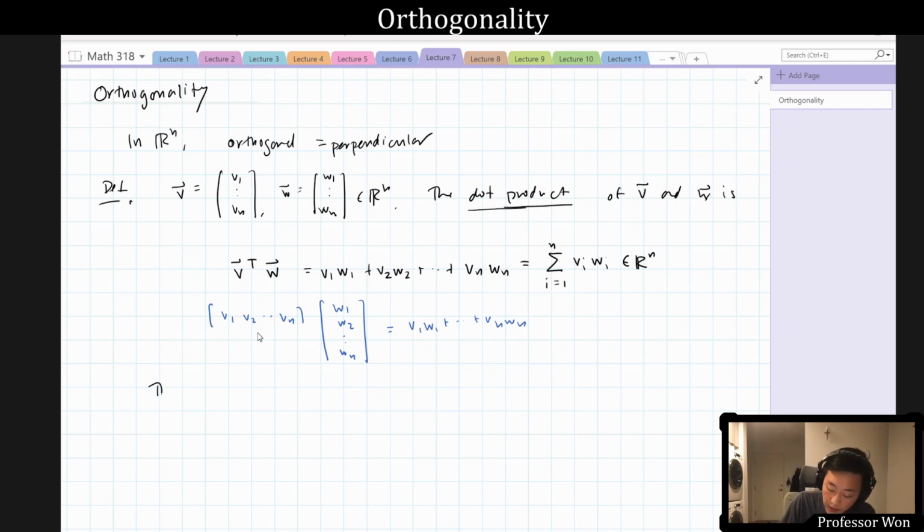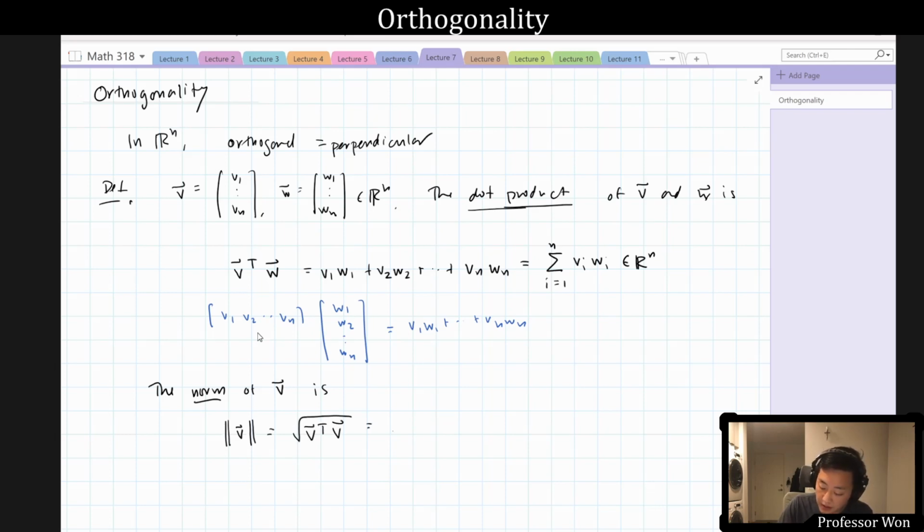Okay, once you have the notion of a dot product, the norm of v is defined using these doubled absolute value bars. That's the norm of a vector. It's defined to be the square root of v dot v, or the square root of v transpose times v.